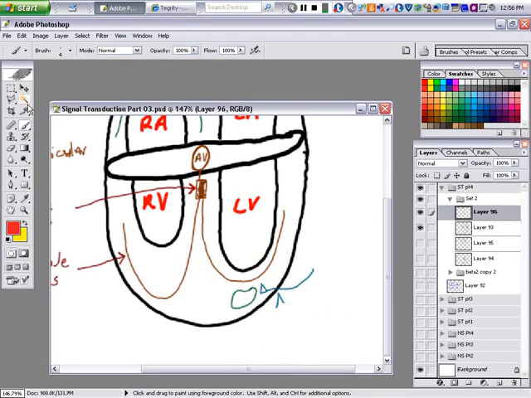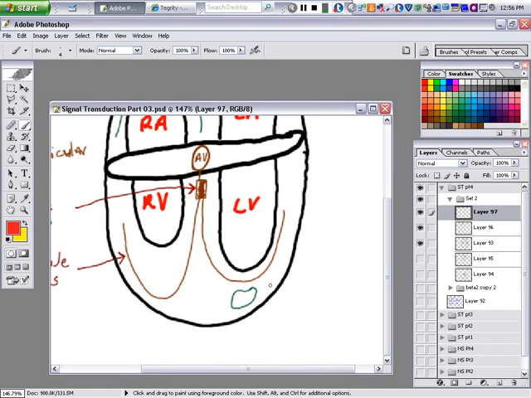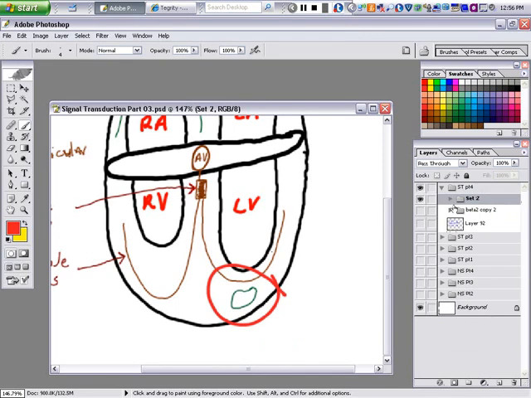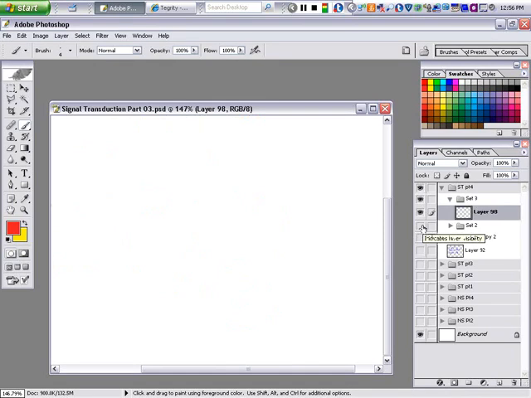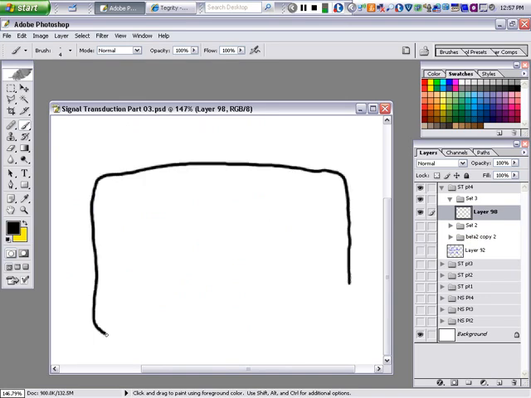So let me see if I can take that off. We're just going to look at a normal, everyday heart cell here and see how it contracts, how the AV node tells it to contract. So let's go there. Have I lost anyone? Okay. So let us draw ourselves a regular heart cell that's in the ventricle.